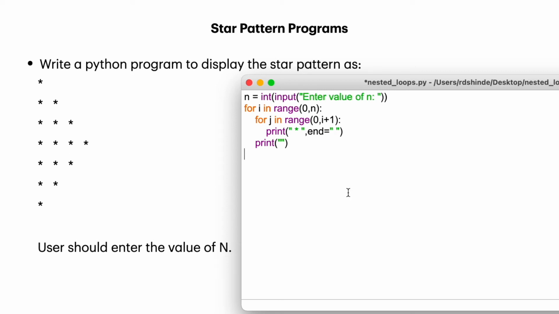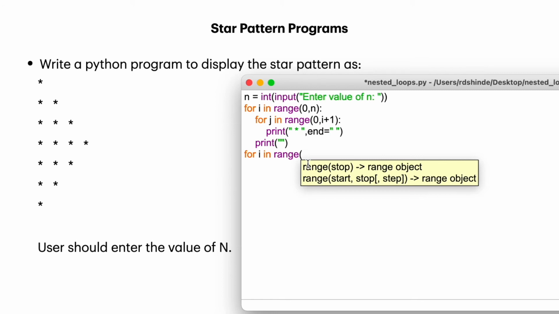Now we want to print stars from this line to the last one here, so our stars will now decrease gradually. For that purpose, we are going to write our code for the last example, and the code was like, for i in range, and here we will start with n, then we will go till 0.